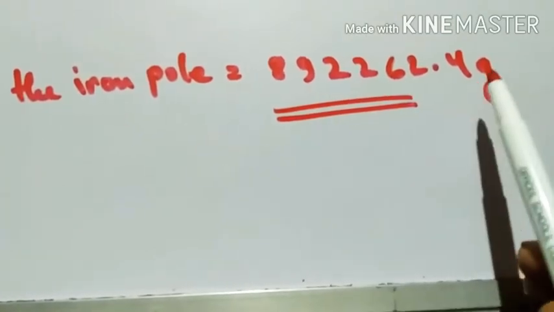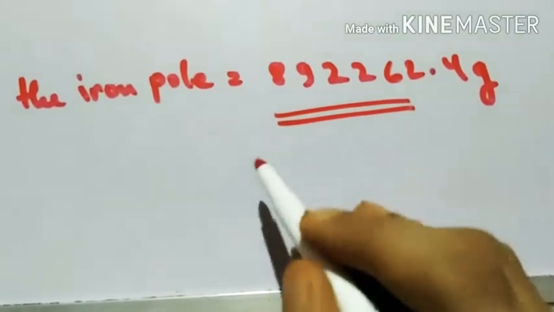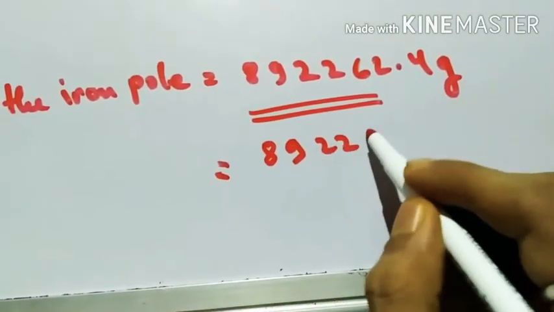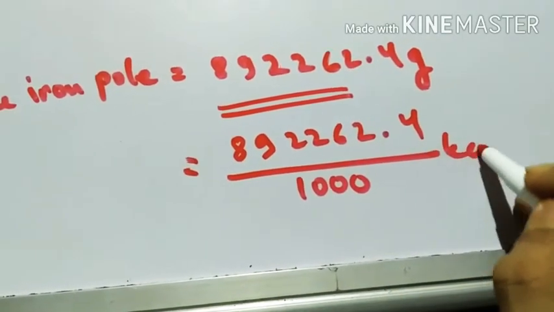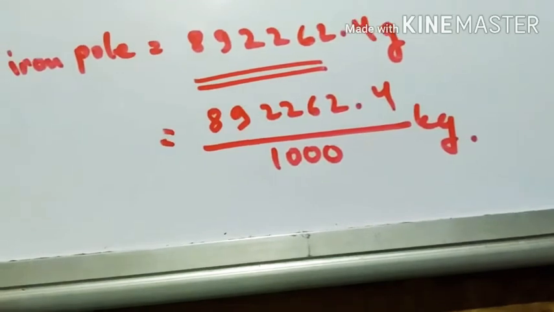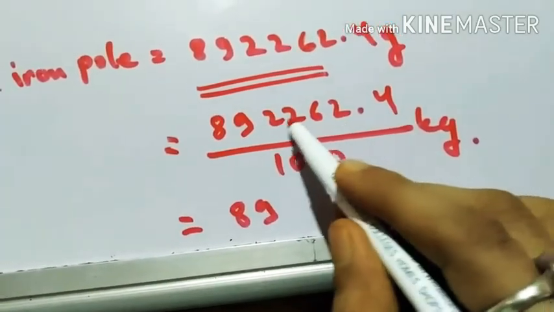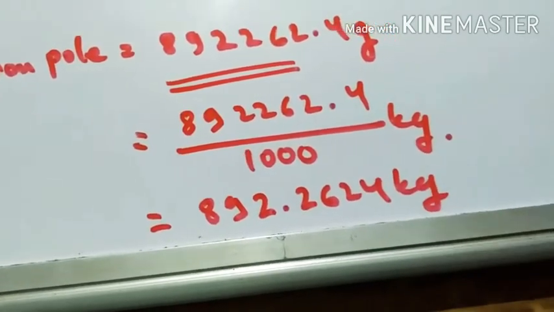If I want to convert it into kg, then I will have to divide 892,262.4 by 1000 kg, and I will get 892.2624 kg.